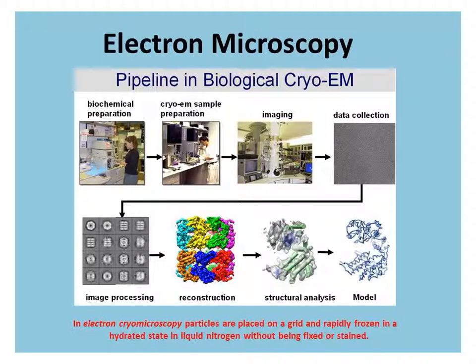Now, electron microscopy is also commonly used, which is what we saw in the GroEL, GroES scenario. It was one of the techniques that was used, as well as X-ray crystallography. This is showing you cryo-electron microscopy, where they freeze the sample and then image it by electron microscopy.